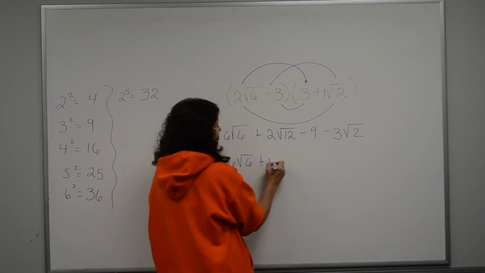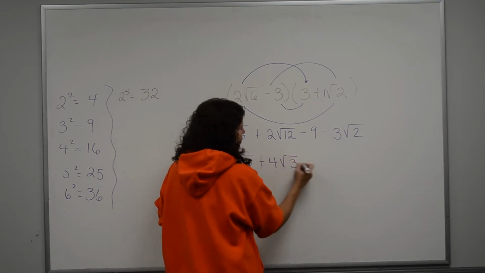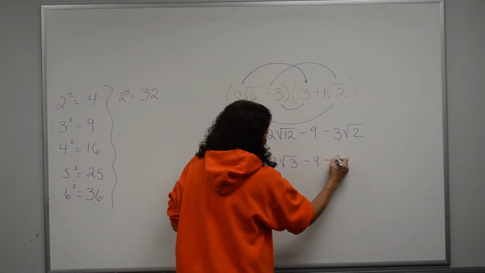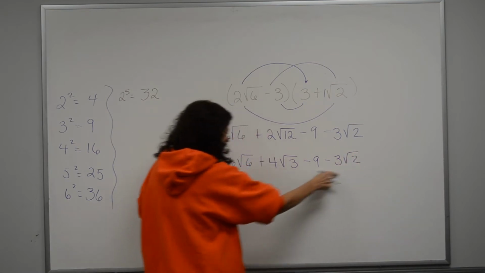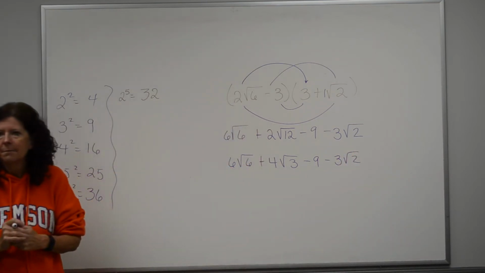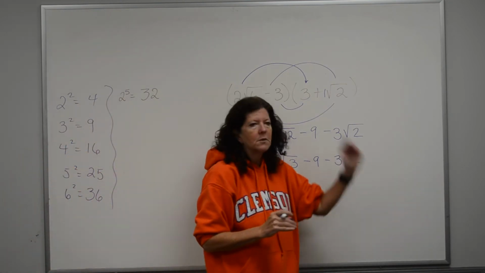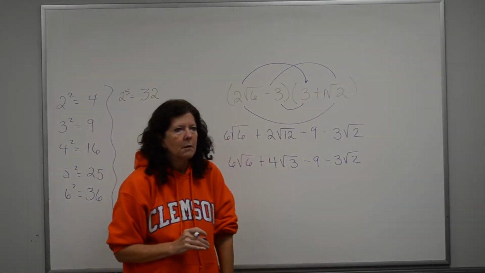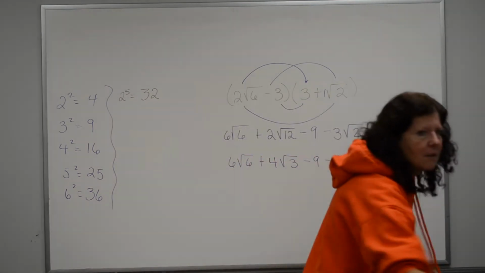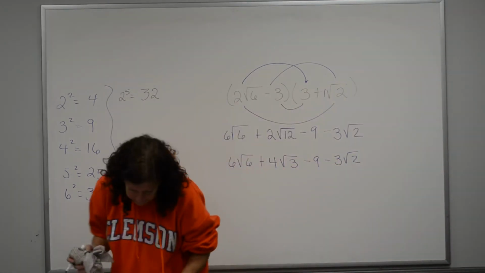So that's going to give me 4 on the square root of 3 minus 9 minus 3 on the square root of 2. Can anything be combined? Absolutely not, because this is square root of 6, square root of 3, square root of 2. They don't match. Okay? Easy enough?